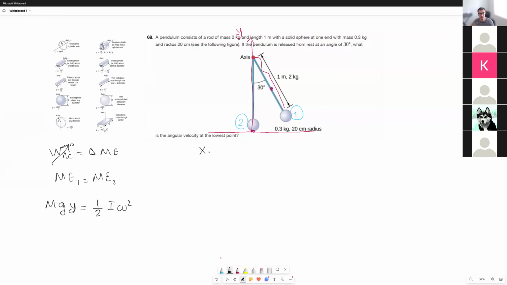Duncan is saying x center of mass using the equation of center of mass: m1 x1 plus m2 x2 divided by m1 plus m2. Okay. And how do I use that, Duncan, or anyone else?